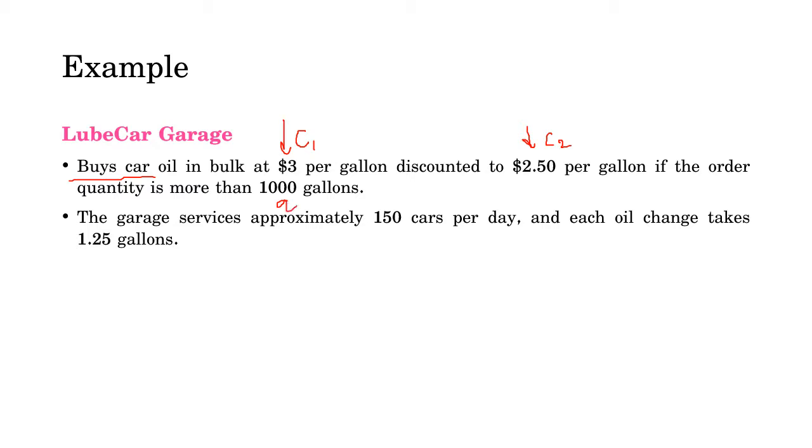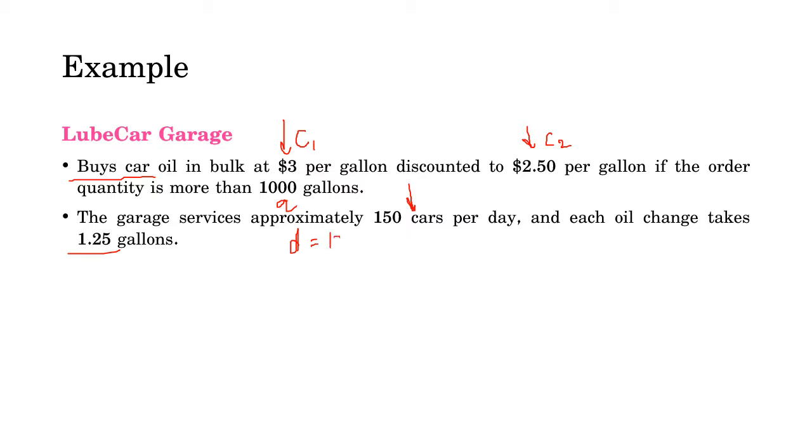Then the garage services approximately 150 cars per day, and each oil change takes 1.25 gallons. This is the data about the demand, and we need to find how many gallons of oil are required per day.